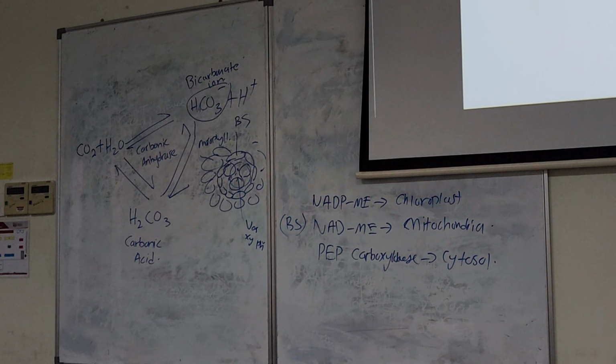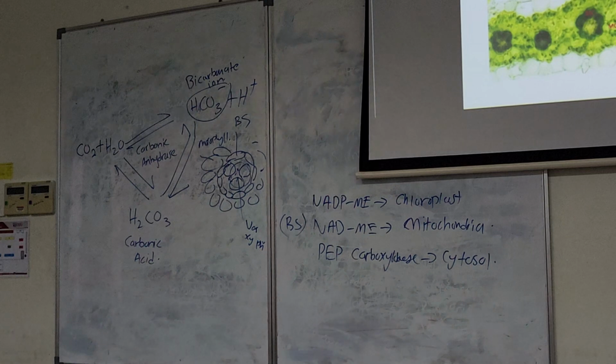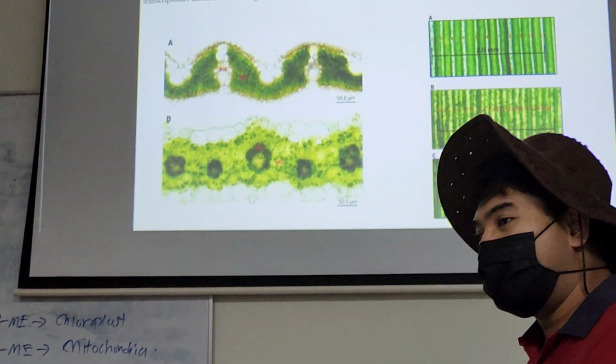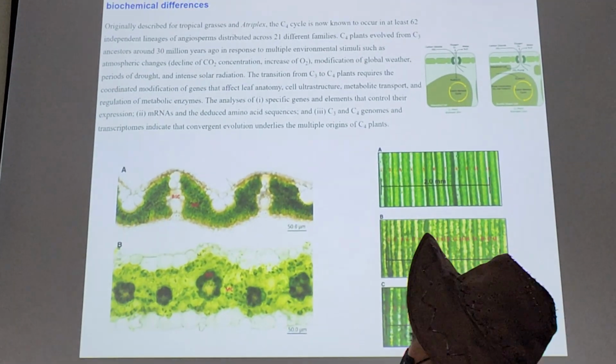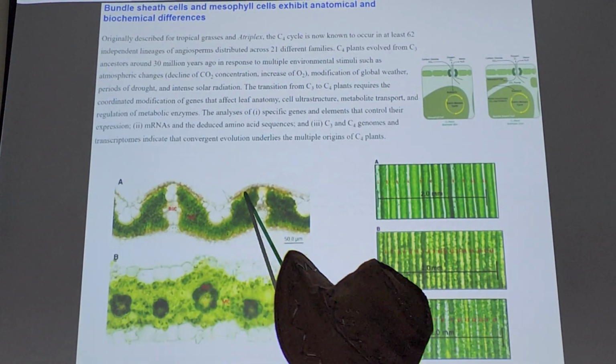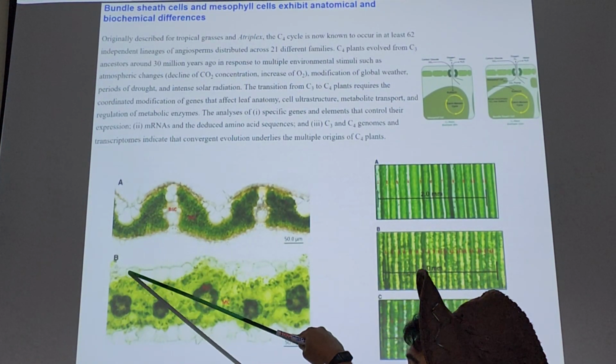Okay? Right. So, what about the structure that you just saw? That structure has a name. It's called Kranz anatomy. This is the cross section of the rice leaf.